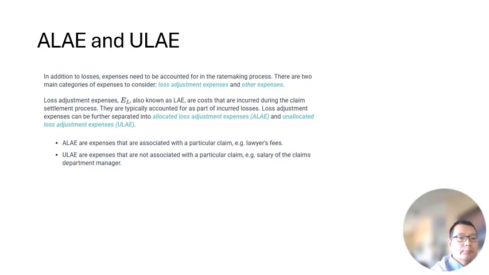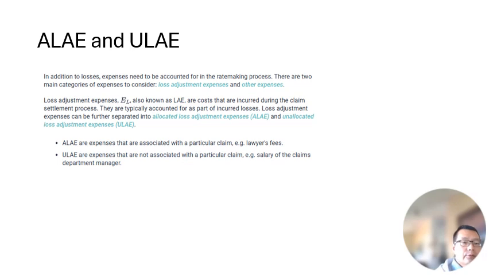Loss adjustment expense, also known as LAE, are costs that are incurred during the claim settlement process. They are typically accounted for as part of incurred losses. Loss adjustment expense can be further separated into allocated loss adjustment expenses and unallocated loss adjustment expenses. So it's ALAE and ULAE. One is allocated, one is unallocated.